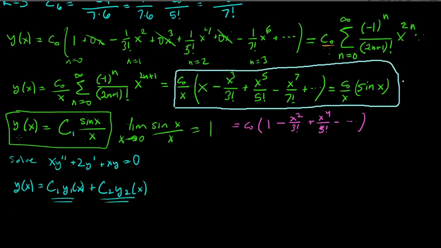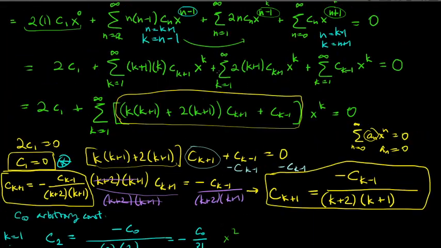Where's the other? If this is y1, what's y2? Okay, so that's still in question here. Second order equations have two linearly independent solutions. This is just one. Where's the other one? How do we find the other one?